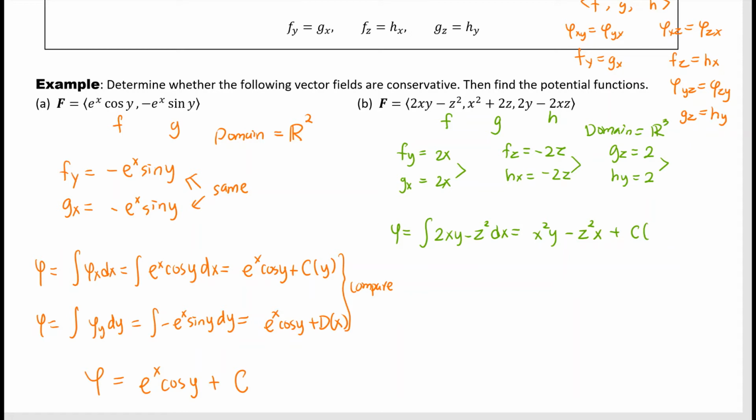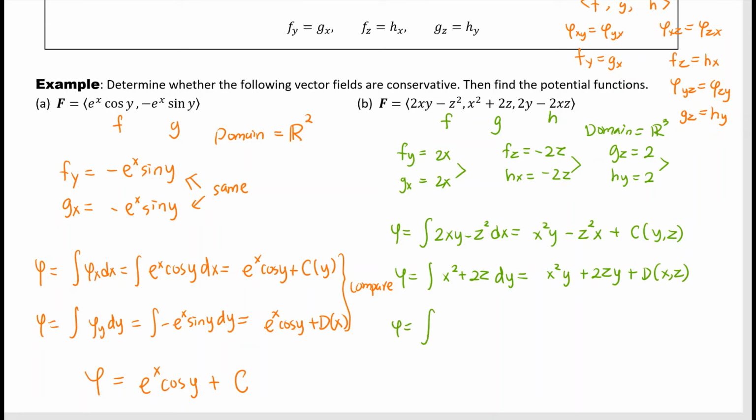Constant means it does not contain x, but it could contain y or z. Then we continue to integrate. The second coordinate is phi_y, so we integrate with respect to y. We have x squared y, and then 2zy, plus a constant. Constant means it has no y in it, but it might have x and z in it.